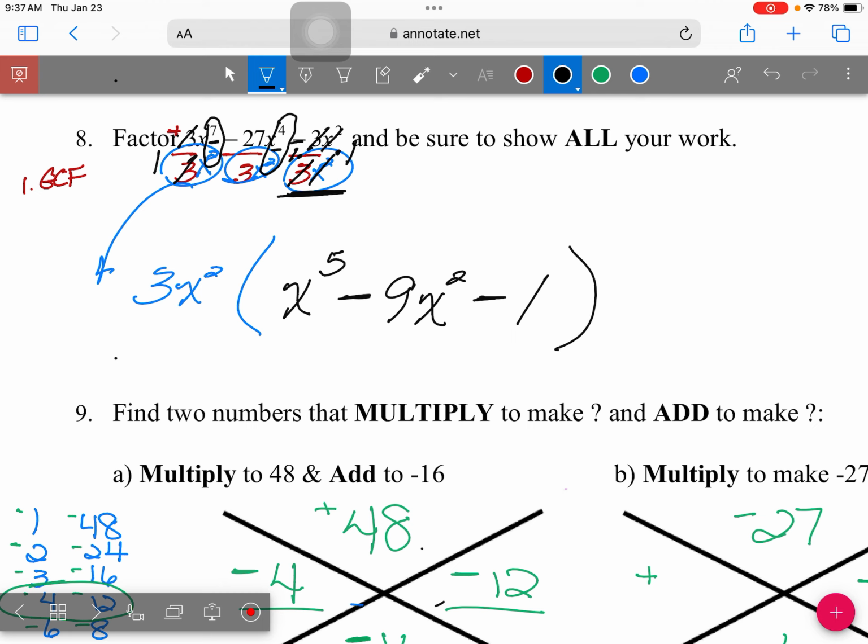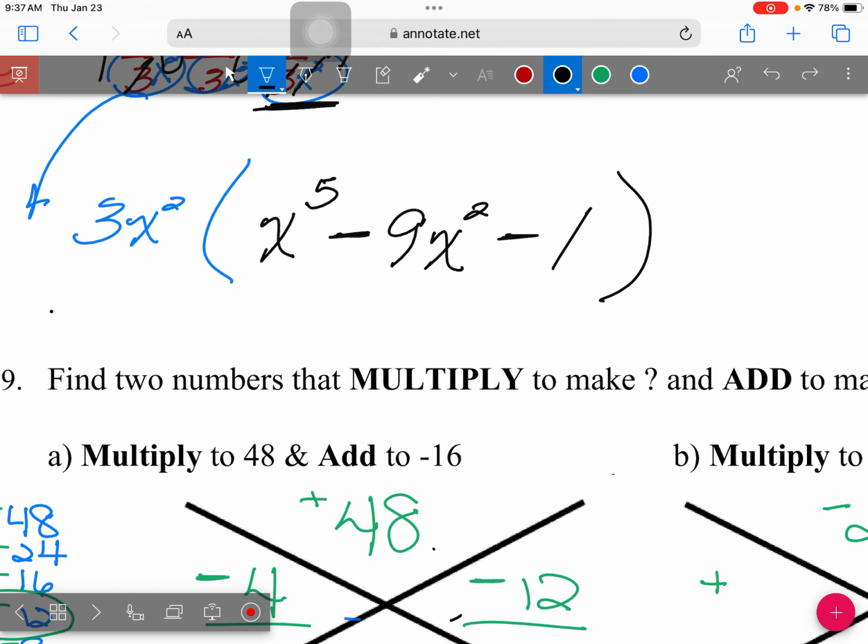Okay? Because if I go back and distribute, I would have to have that third term like we originally had. All right, so now I have a trinomial. Hey, but this has x to the 5th. Have we ever dealt with an x to the 5th there? Not with our regular stuff.